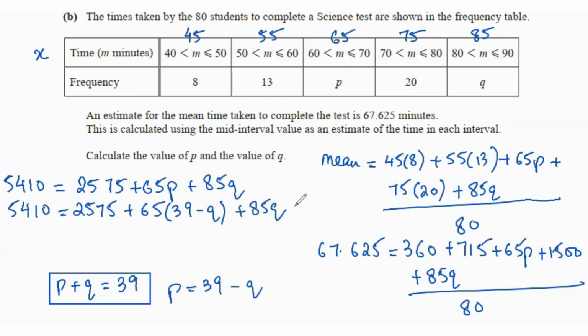So 5410 minus 2575 is 2835. 65 times 39, I'm expanding the bracket, so that's going to be 2535 minus 65q plus 85q.